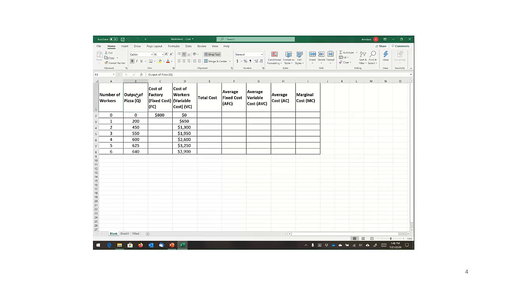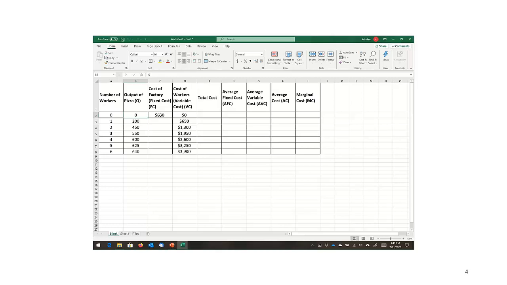So pizza is the output they are selling and their input is the labor, which is the workers. And obviously there are other things they need. Let's assume those things are all fixed. That means they do not change with the output. So these are the fixed costs. Now, if they don't produce anything, that is zero output, that means they don't hire any workers, because if there's no worker, they can't produce anything.